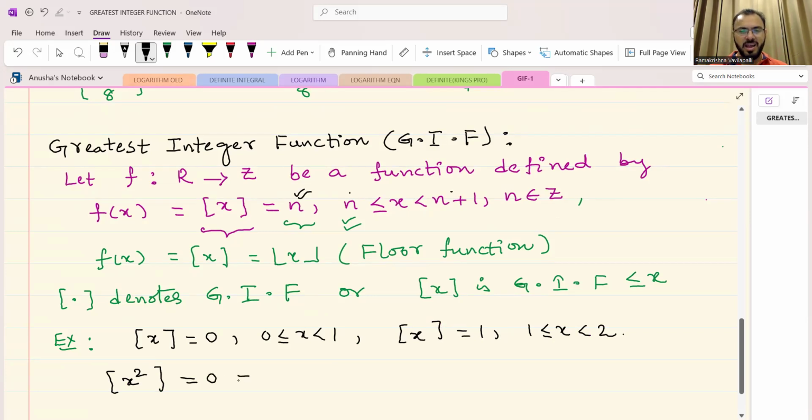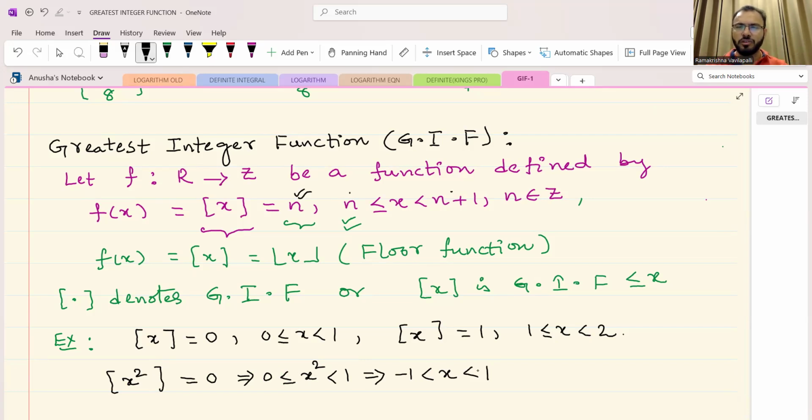So, which means that x square should lie between 0 and 1, 0 included but not 1. Of course, using that wavy curve method, we can find the range of x. x lies between -1 and 1. So like that, if you give the input, then we can find the output.